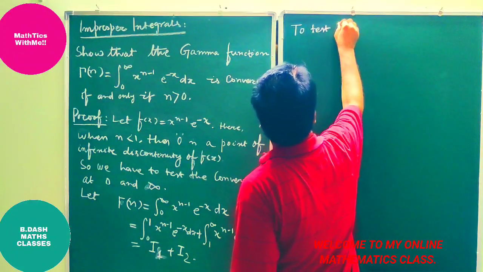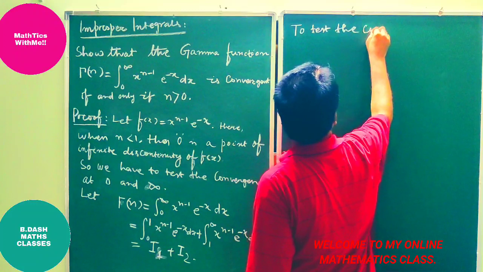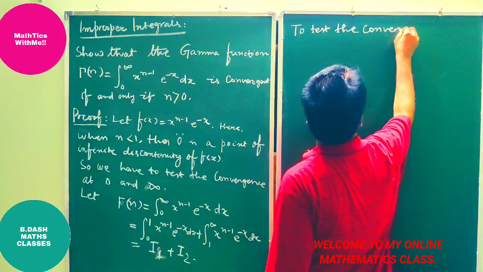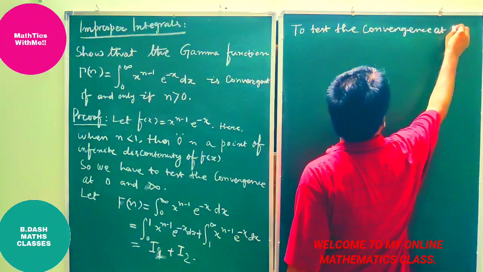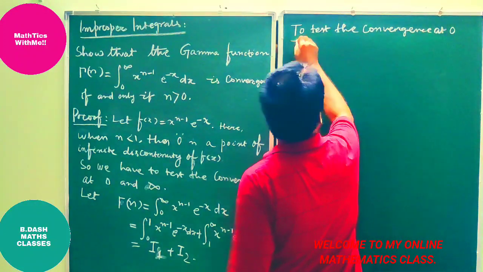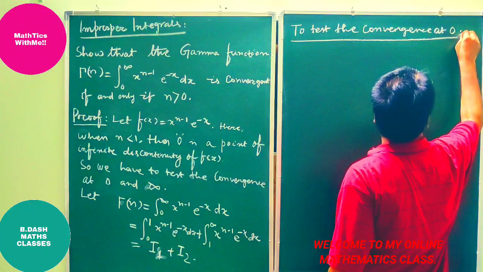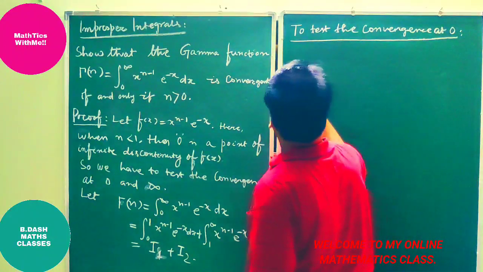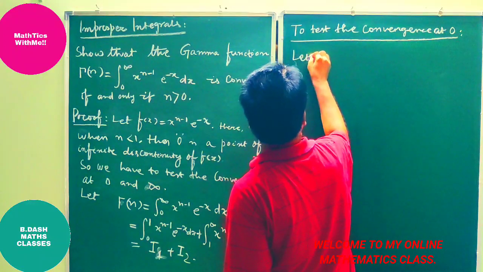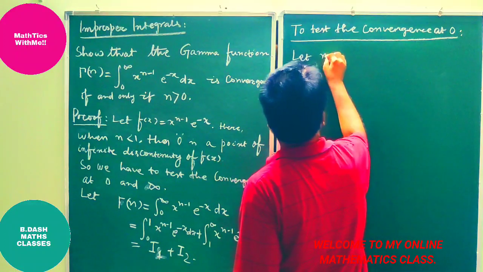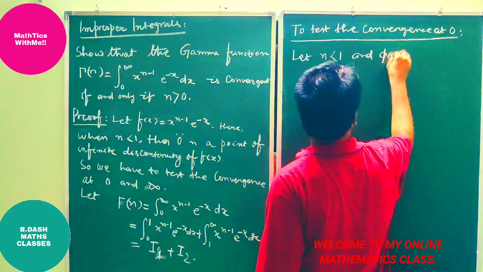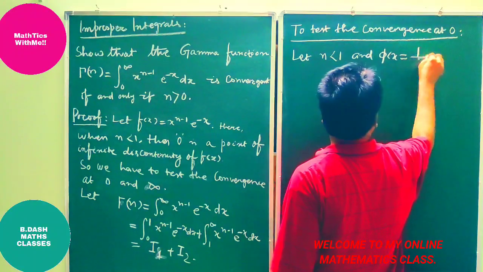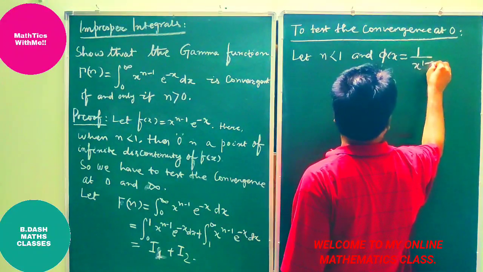To test the convergence at 0, let n less than 1 and phi of x equal 1 by x to the power 1 minus n.